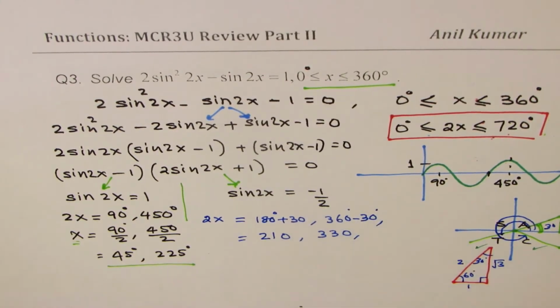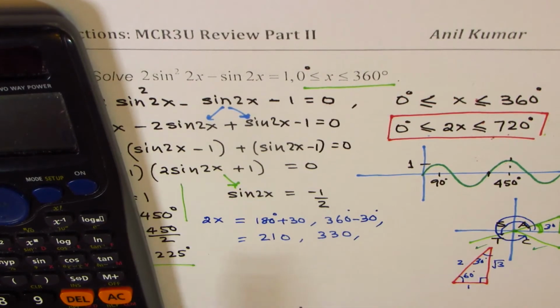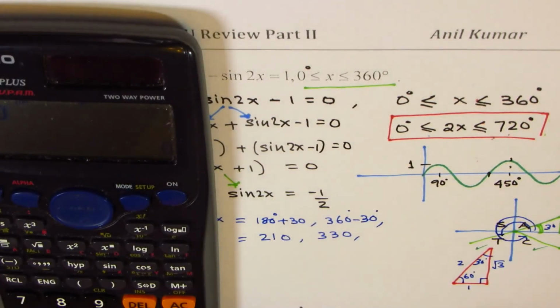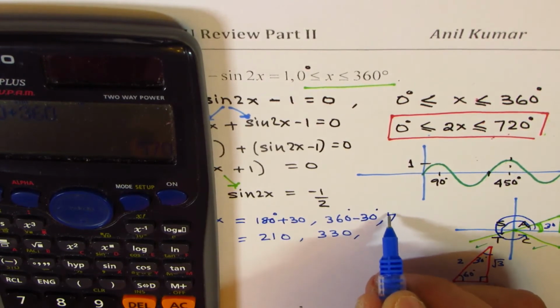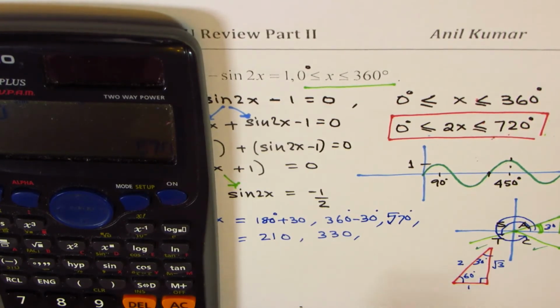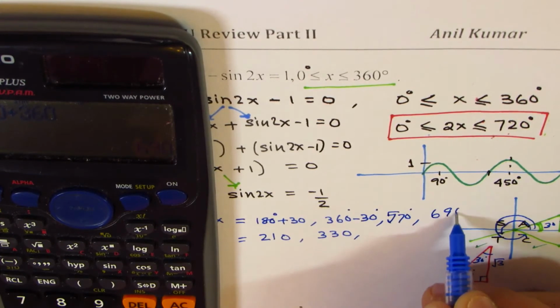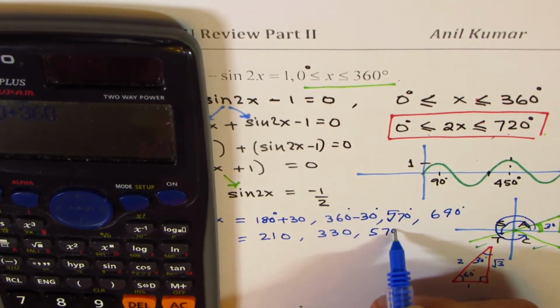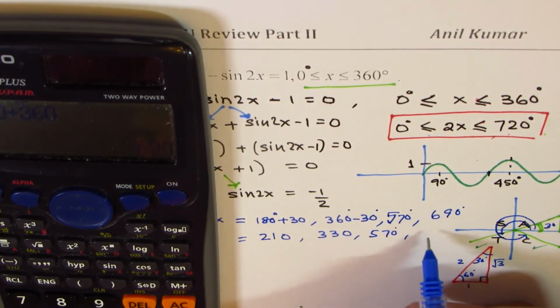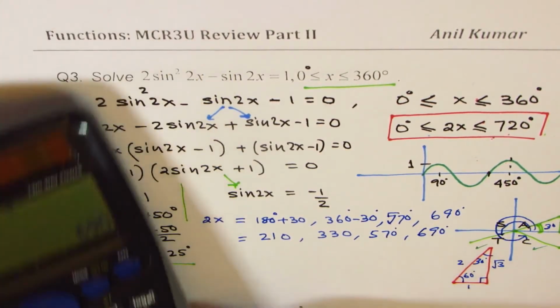Let's use the calculator. 210 plus 360 equals 570 degrees. And then we have 330 plus 360, which is 690 degrees. Do you see that? So I added one full cycle to each to get the other two answers.